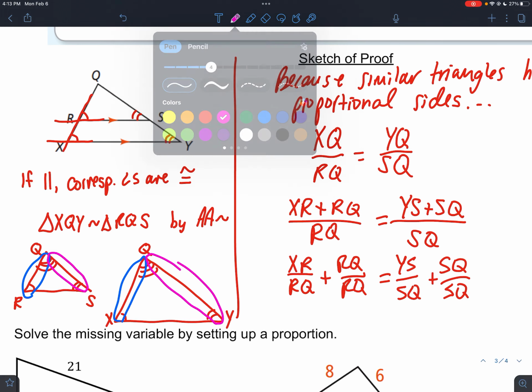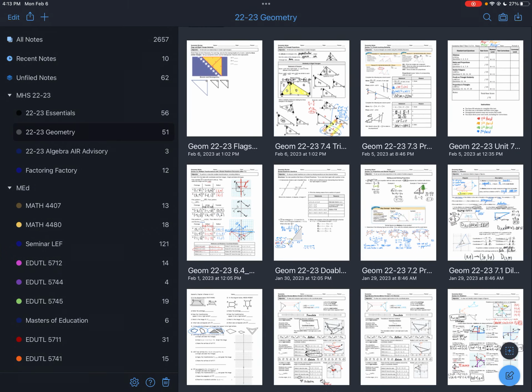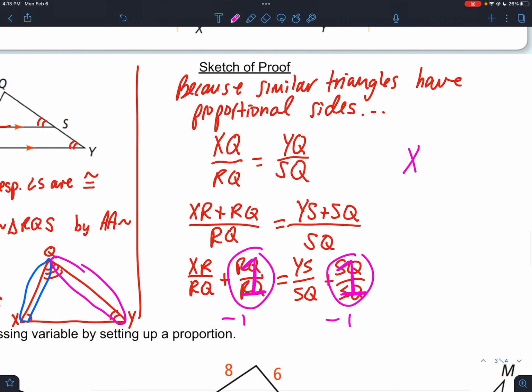But the really cool thing about this theorem is that these 2 things, since they're a ratio of itself divided by itself, are both equal to just 1, because when you divide something by itself, you get 1. So there's a plus 1 on both sides.